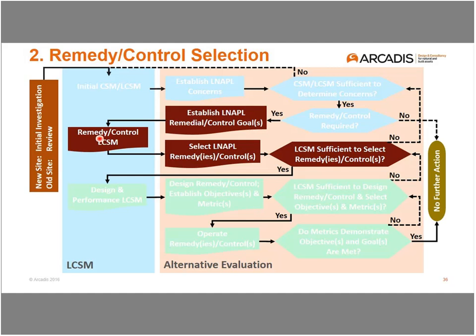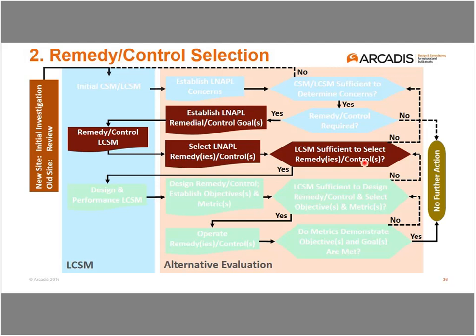And then, based on what we know our concerns are, are they saturation concerns, are they composition concerns, we go in and ask ourselves, what do we need to improve about our knowledge of the site? How do we need to improve the LCSM so that we can select the right kind of remedy to accomplish our goals?